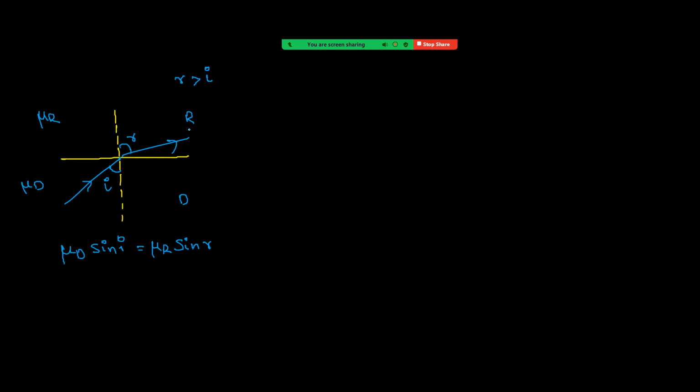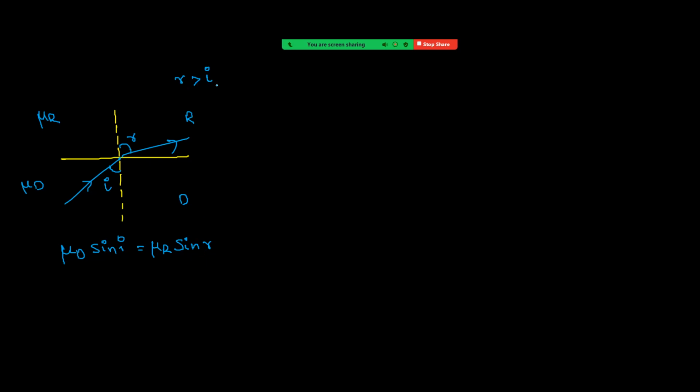Let us take one value of I for which R becomes 90. See the meaning of 90. It becomes 90 means the light ray grazes the surface. Grazing means it is not entering the other medium. So if the angle of incidence is increased, the angle of refraction also increases.